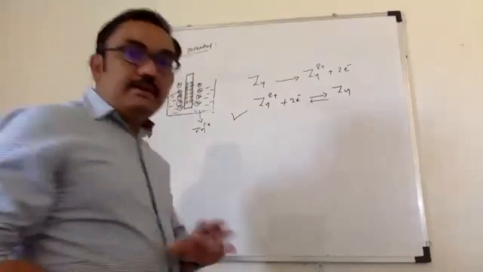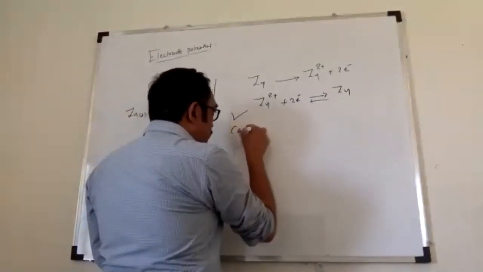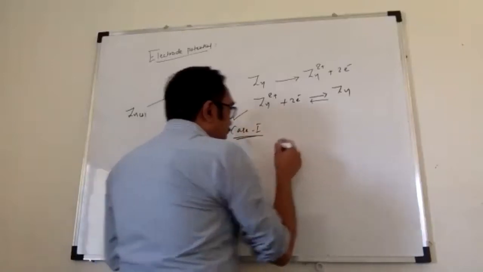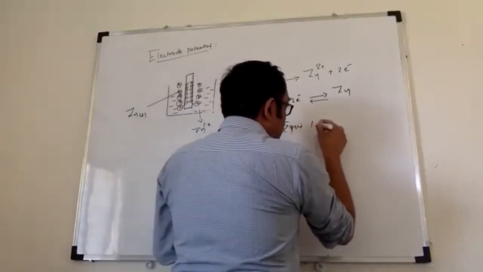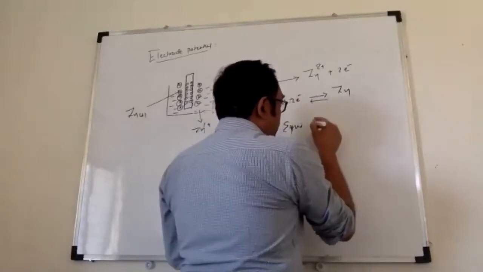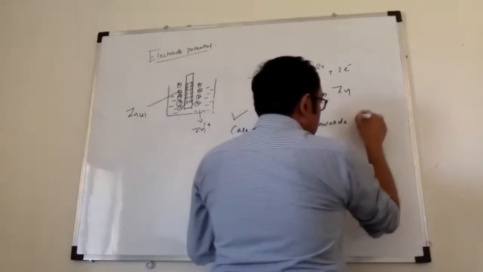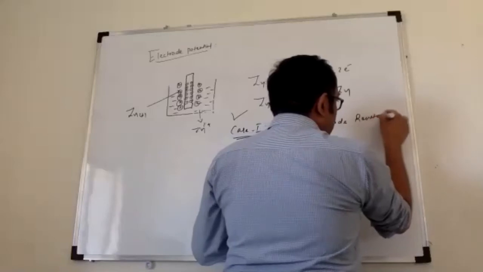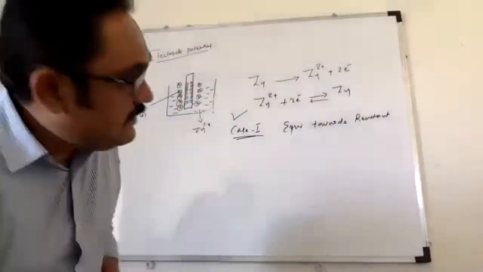So you can write down case number 1. The equilibrium point is towards the reactant side.